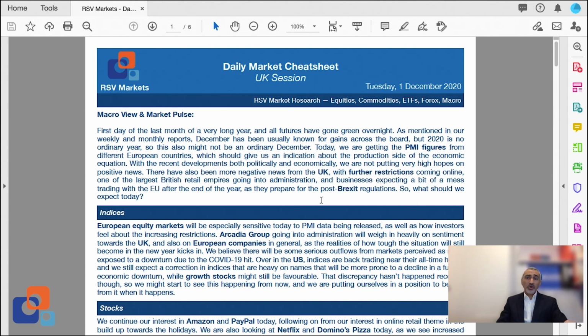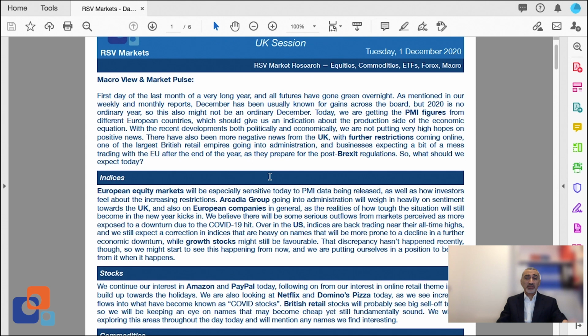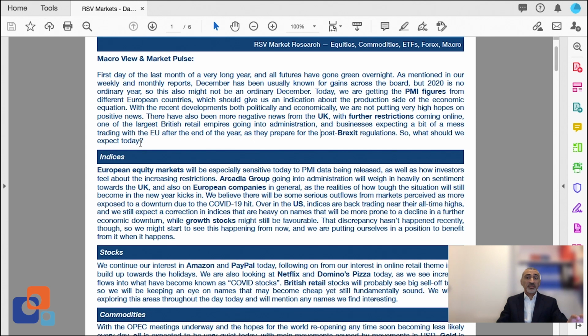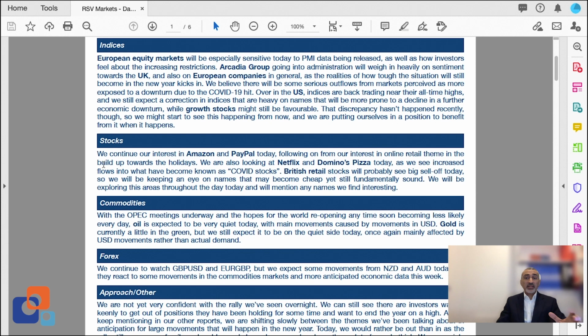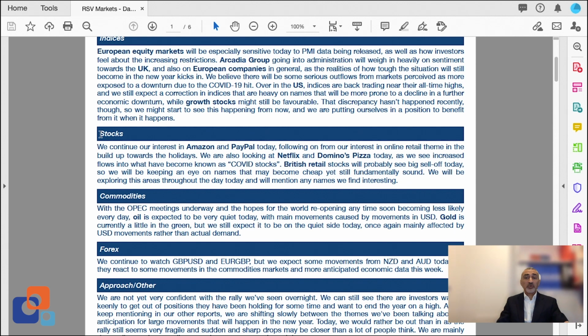We then go on to interpret this into how we see things progressing during the day, starting with indices. We follow this by which stocks are on our watch list and why, and maybe also which ones we are avoiding on the day.